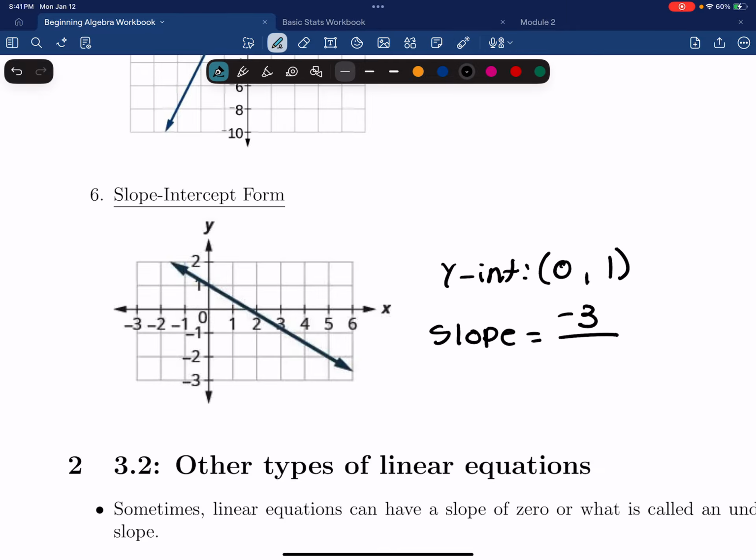So we're going right by 5, and that's the positive x direction. So our slope is -3/5. So using that information, our linear equation is going to be y equals -3/5 x, and the y-intercept is at the point (0, 1). So it's going to be y equals -3/5 x plus 1. And that's your final answer.